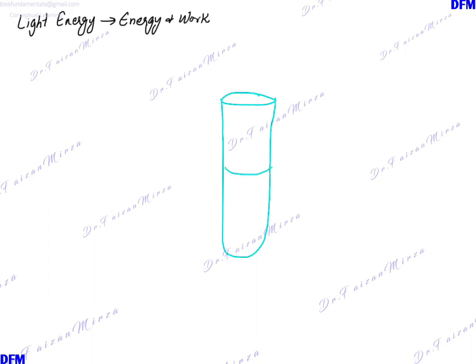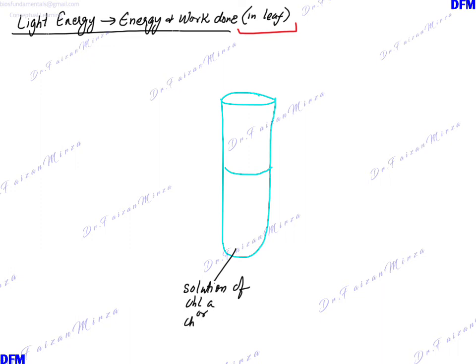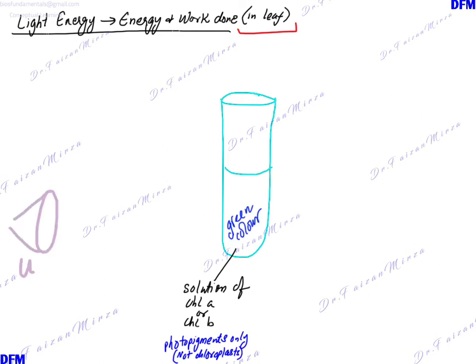So, how is light energy converted to work done in a leaf? For example, I have a solution of chlorophyll A or chlorophyll B, and these are the photopigments. I have just taken out the photopigment. These are not actual chloroplasts here. We know it will be green in color because these are chlorophylls.